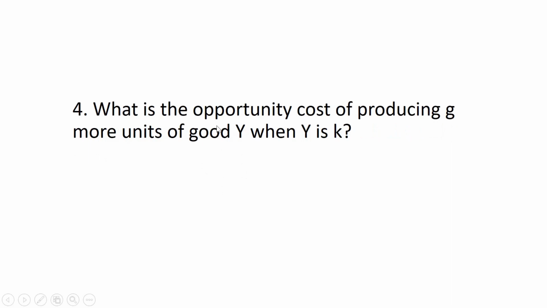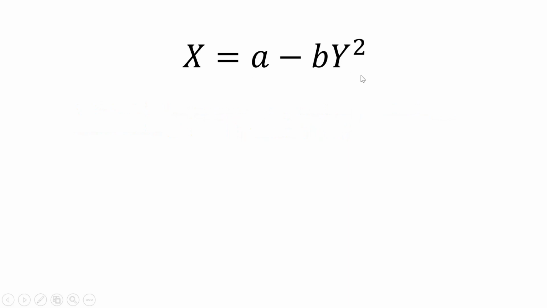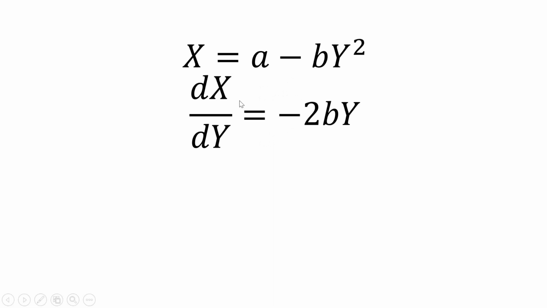We want to know the opportunity cost of producing J more units of good Y, and we are producing K quantities of Y. So this is the function. If we want to know the opportunity cost of producing Y, then we have to differentiate X with respect to Y. And the derivative of X with respect to Y is this.